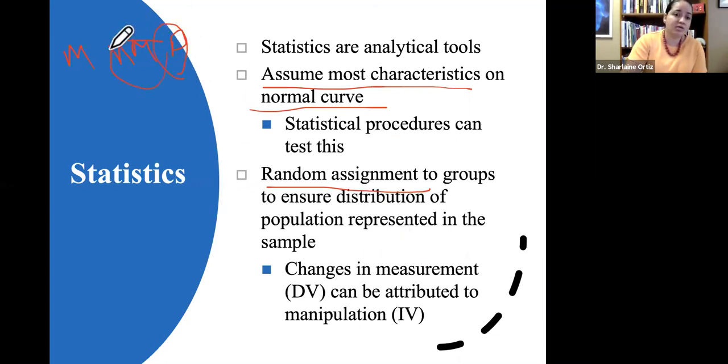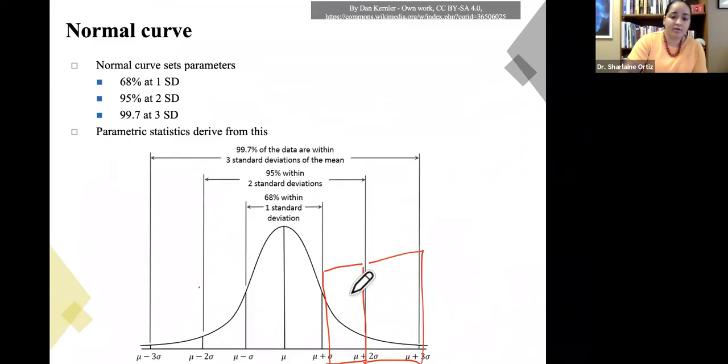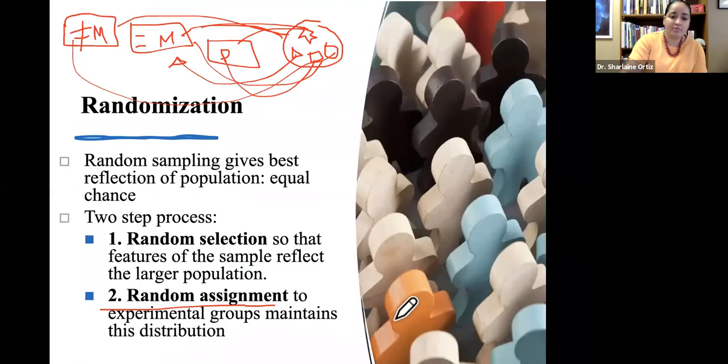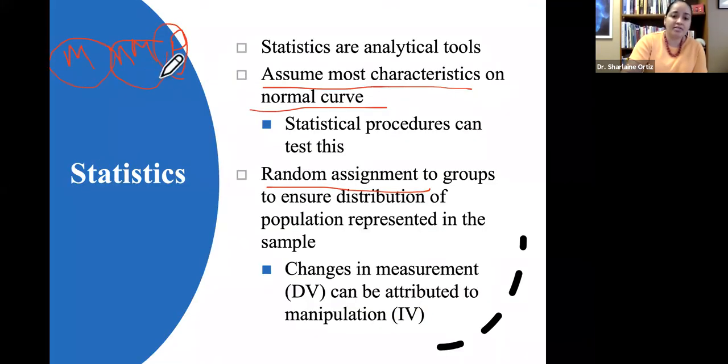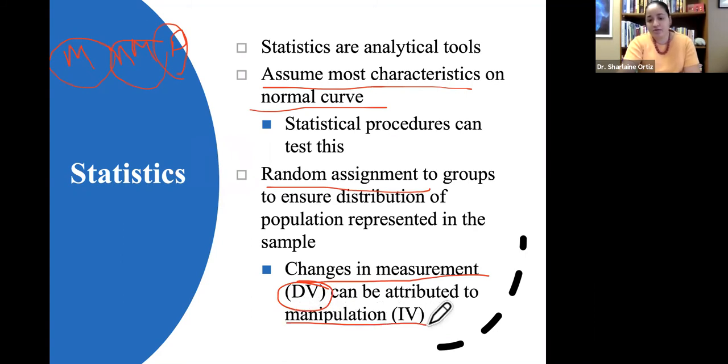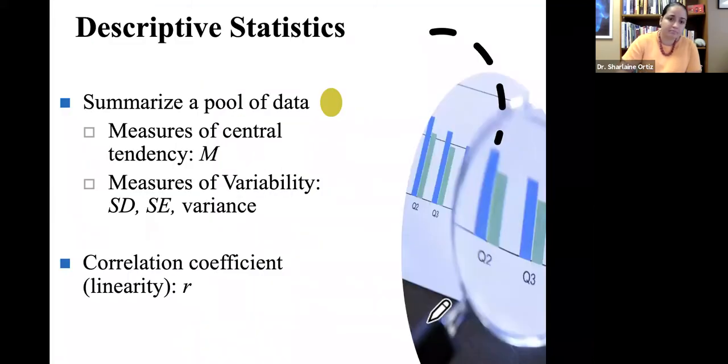So we don't want them to be not representative of this greater normal sample. You always want to make sure that they are indeed representative. And we do so because we want to, in fact, measure the changes from that dependent variable and for them to be attributed solely to that manipulation.